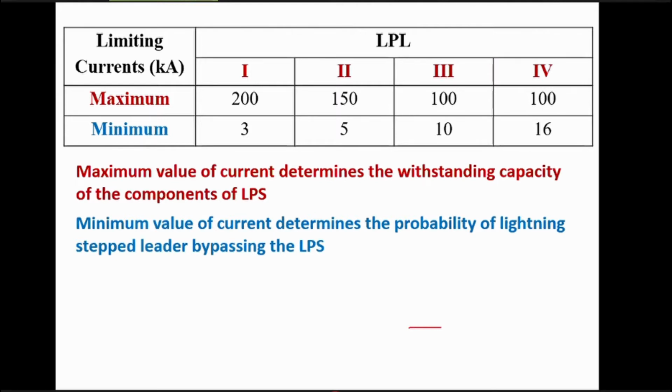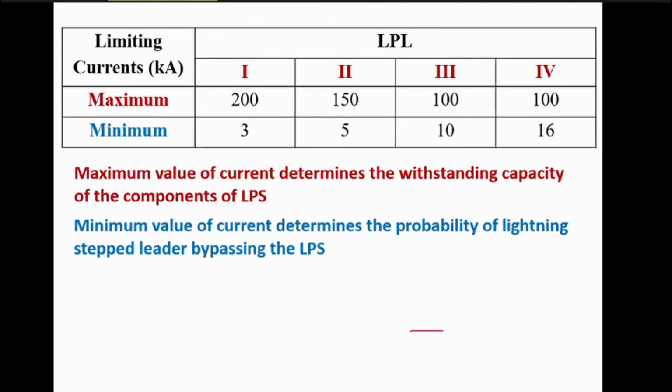That means if, for example, you apply level 3 protection, and a lightning comes of which the maximum current is less than 10 kiloamperes, there is a chance that this lightning may be missed by the upward leader. When Sri covers the basics of lightning, you will understand what an upward leader is, or the upward connecting leader from the air termination system.